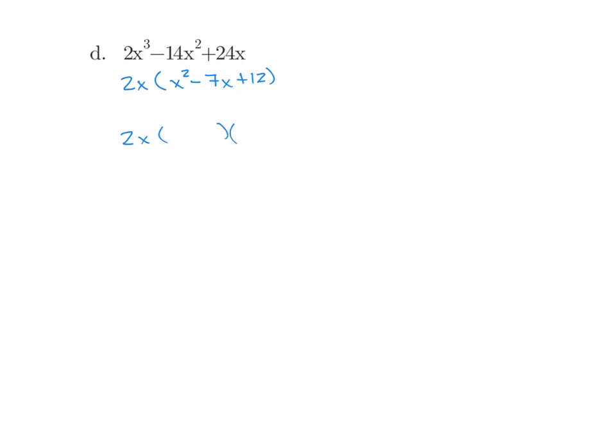I'm going to bring down my 2x, and then I'm going to factor this leftover thing. So x squared, that's going to be x and x. Things that multiply to 12 and combine to 7, we have 3 and 4. And this time, remember that if you are multiplying to a positive 12, that tells you same signs, and both are negative.